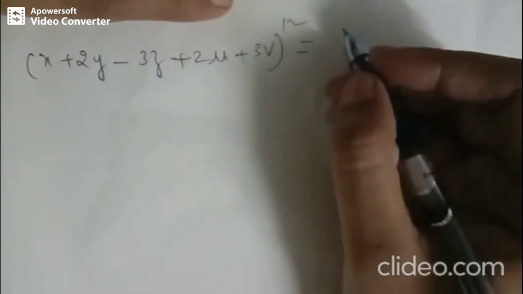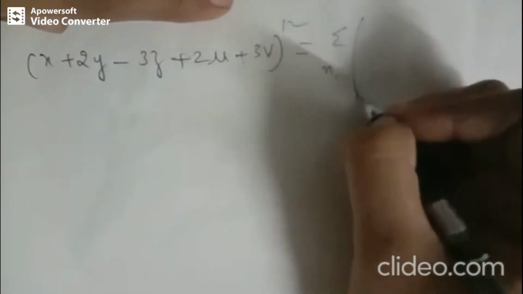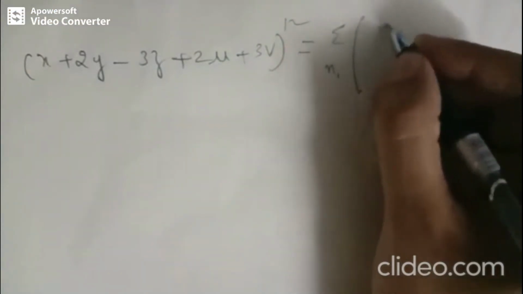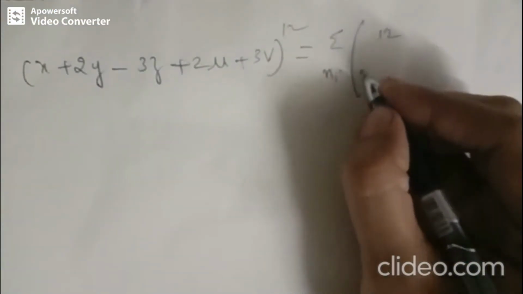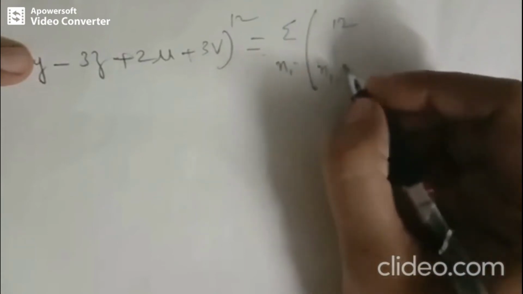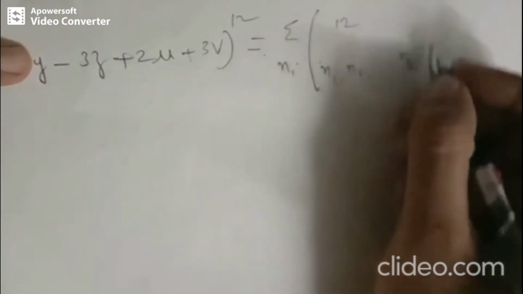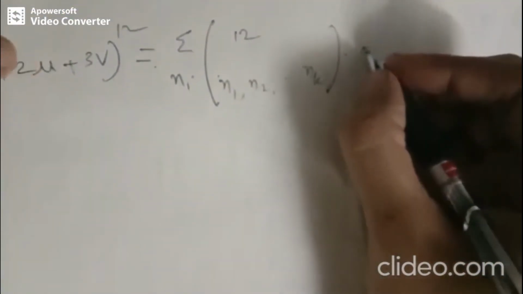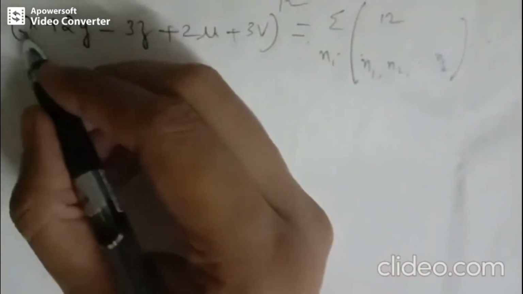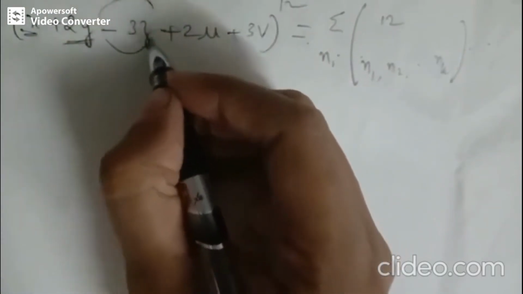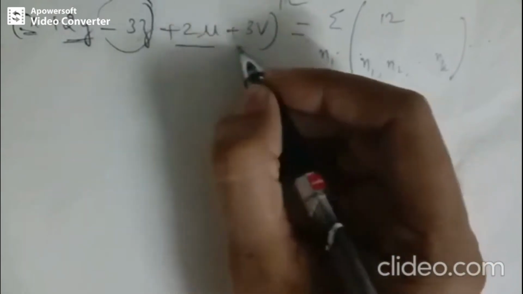So it's nothing but the summation of nCn1, n2 and so on up till nk, where I have to write the value of n, here given as 12, into x1 raised to n1. So what is your x1? This is your x1, this is your x2, this is your x3, this is x4, and this is x5.